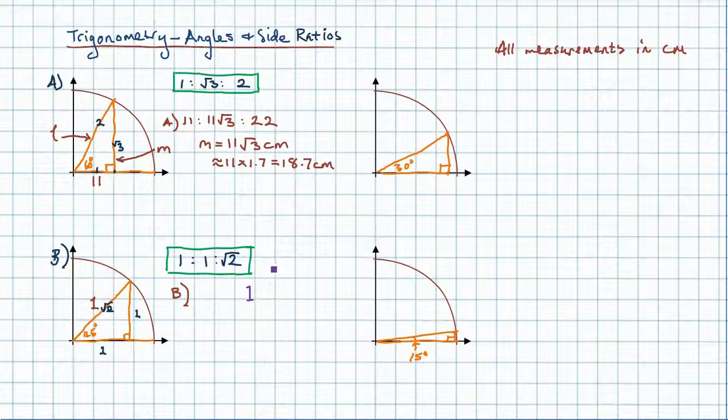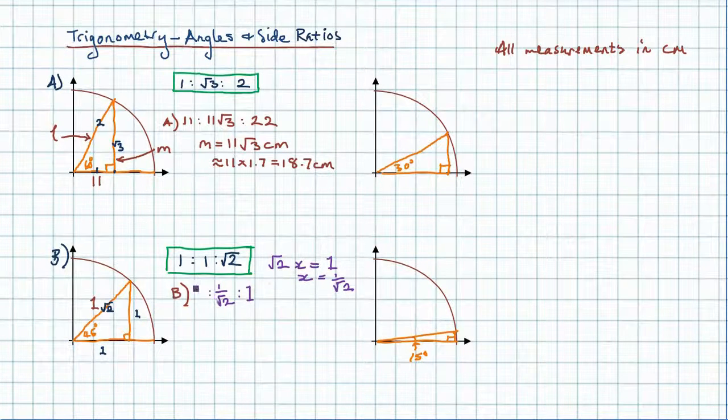So in fact it's root 2 times x gives us 1. So in other words, what is x? Divide both sides by root 2 and you've got 1 over root 2. Okay, so that's what's happened. It's been divided by root 2, or multiplied by 1 over root 2, to give us 1. In other words, the other sides must also be 1 over root 2.